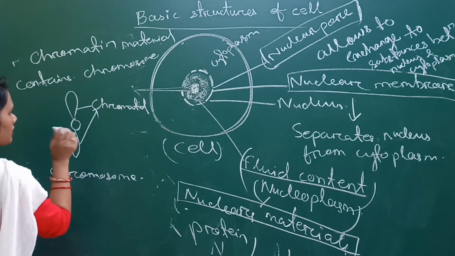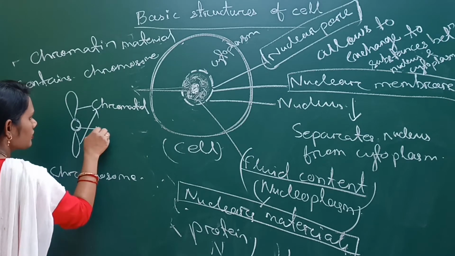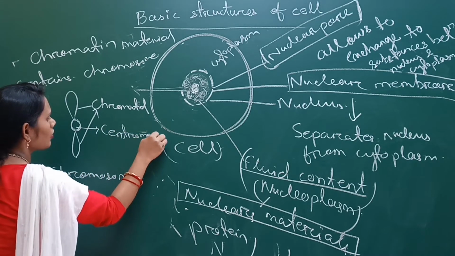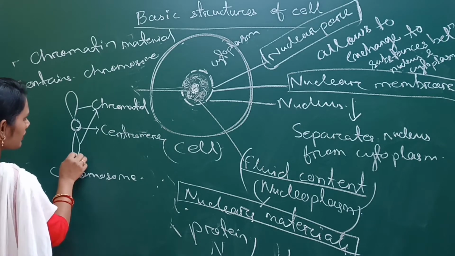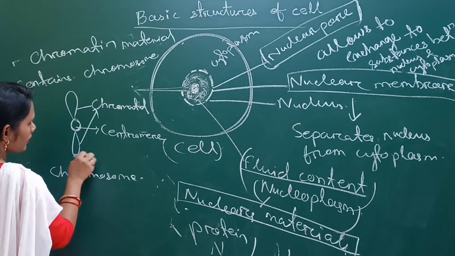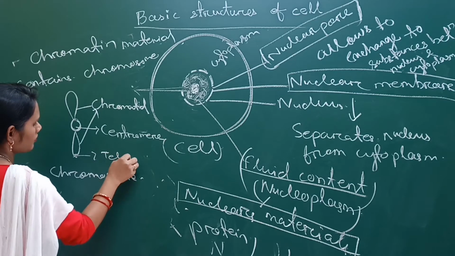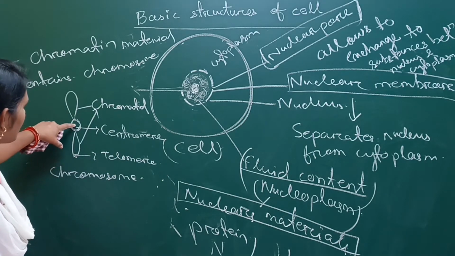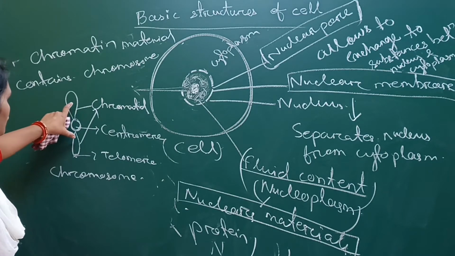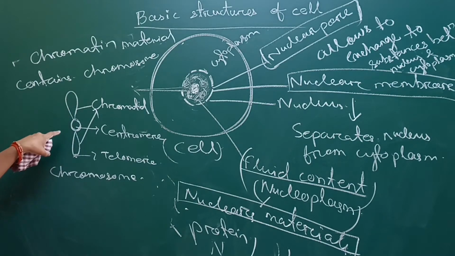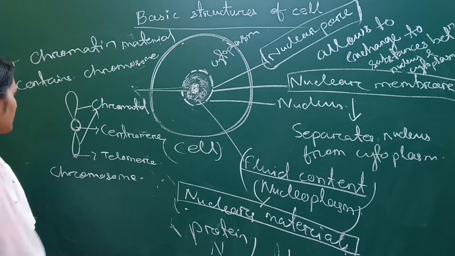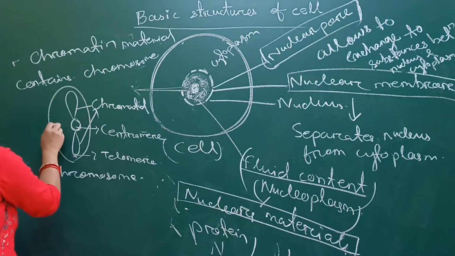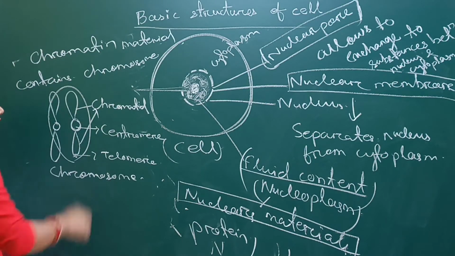These 2 arms are attached at a point called the centromere, and the end region of a chromatid arm is called the telomere. That is the whole structure of a chromosome, and it gets paired at the time of cell division.